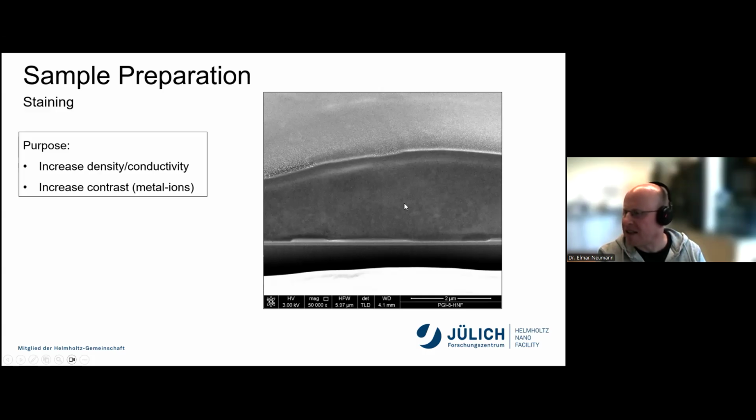So that's why you hardly see anything here. You do not have any great changes in density or electronic conductivity. So this is why we need to increase the conductivity, for example by increasing the density, or we put in metal ions in order to increase the cross-section for these electrons to interact with.